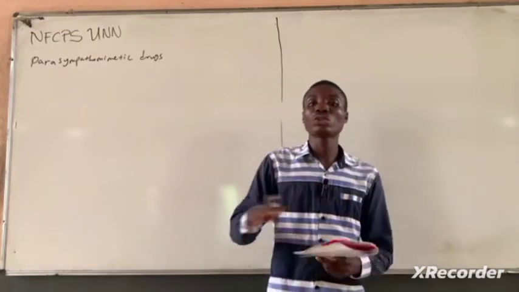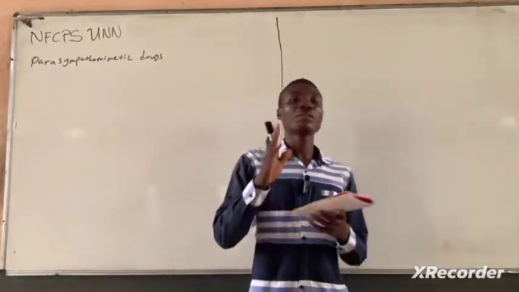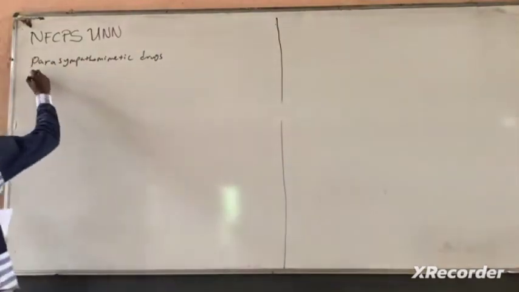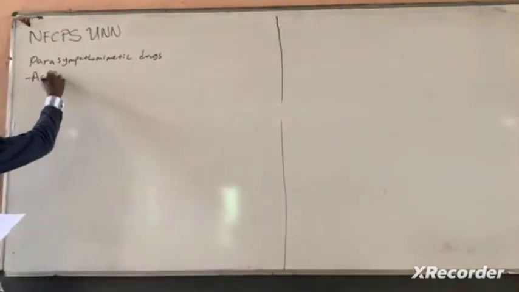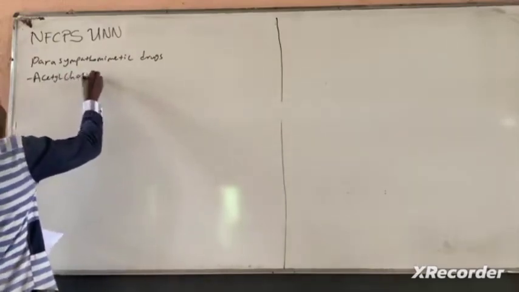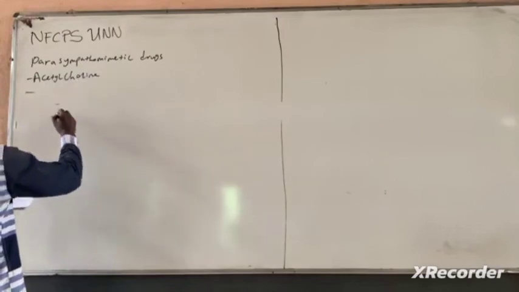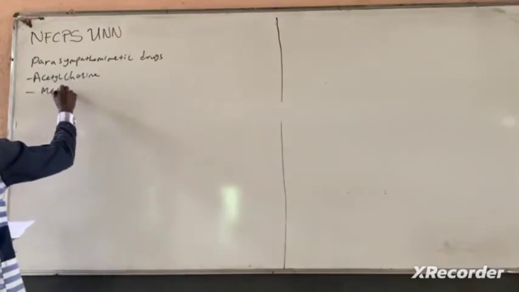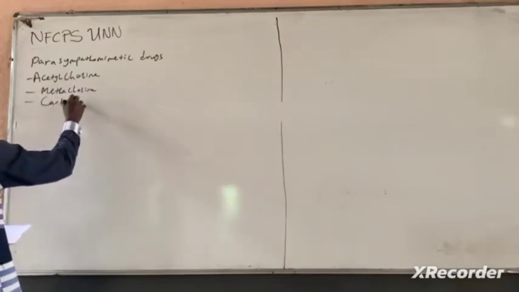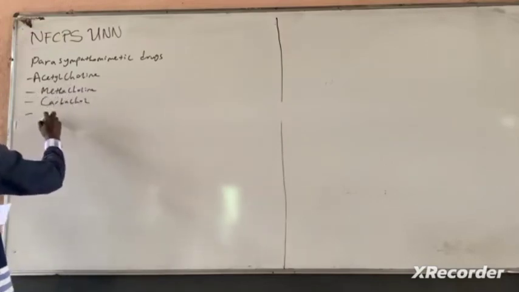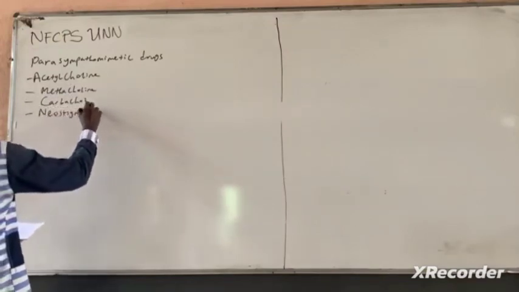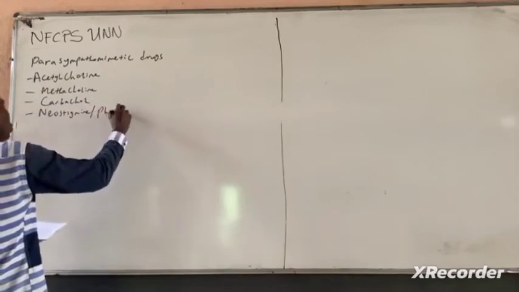So there are different kinds of solutions that will be provided to you in the experiment. You could have acetylcholine, then you could have methacholine, you could have carbachol, you could have neostigmine or physostigmine.